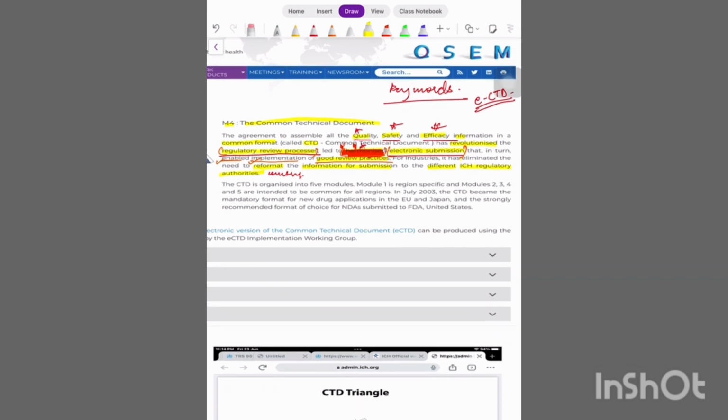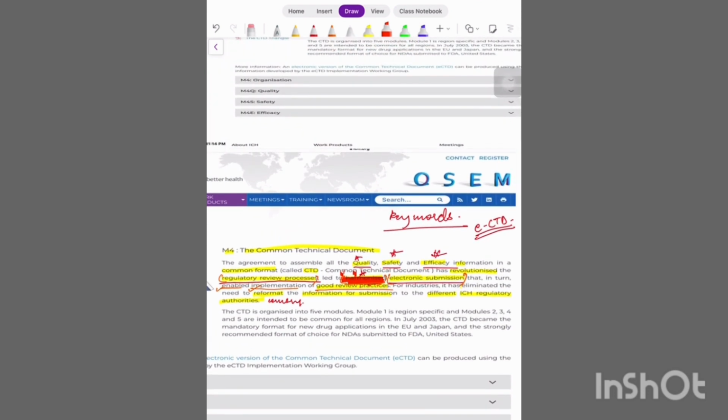The CTD is organized into 5 modules. Now this is something very important which we'll also study down, but I'm giving you the language of what ICH talks about. The CTD is organized into 5 modules. Module 1 is region specific and modules 2, 3, 4 and 5 are intended to be common for all the regions. So what line did they say here?